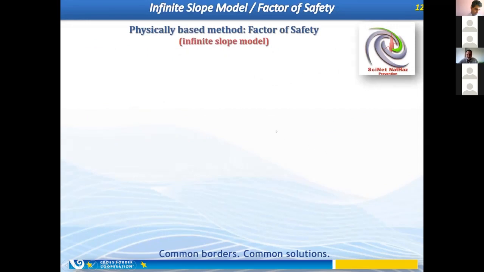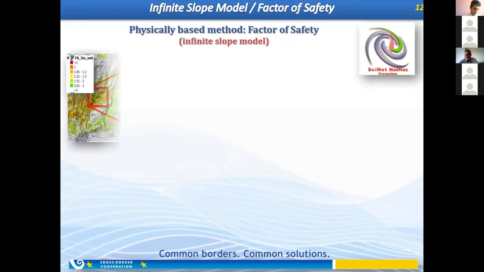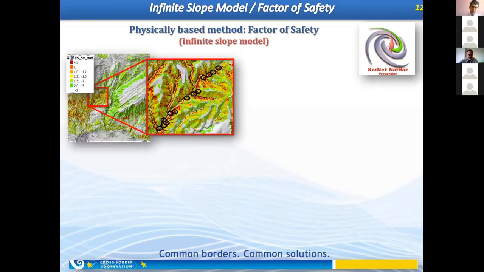My last slide is an example from this project. This is a part of a map, and this is a detailed part of this map, where you can see the factor of safety calculated by the infinite slope model.